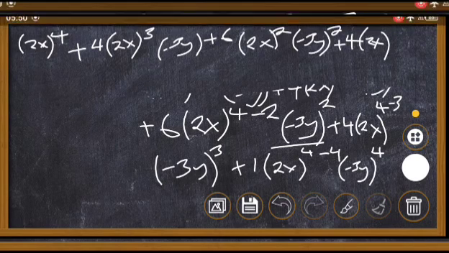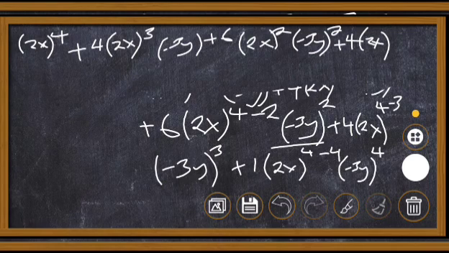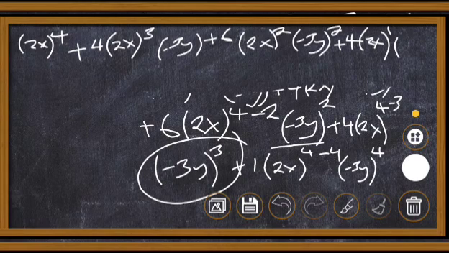The power here on the fourth term is where we have 4 minus 3, and we know 4 minus 3 is just 1, so we are going to have the power of 1. And then for b we have negative 3y raised to power 3, so we are going to have negative 3. Let me just continue from down there.